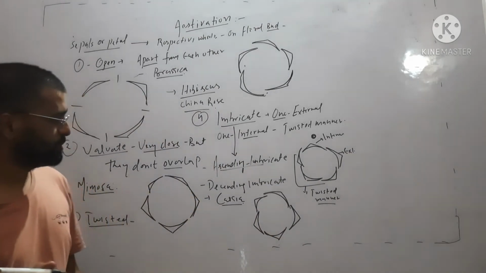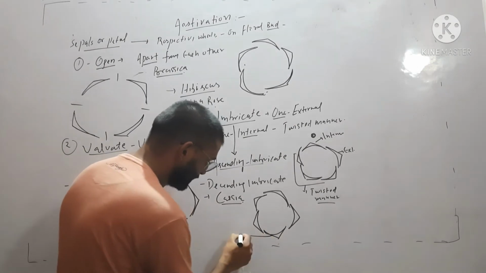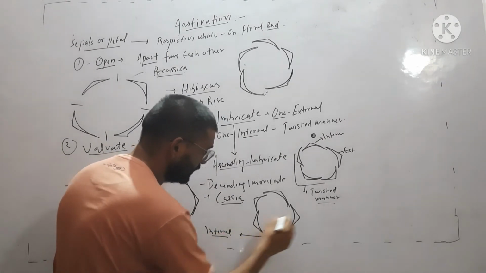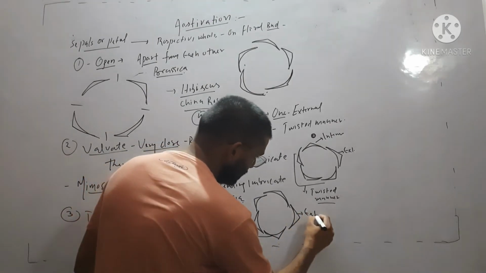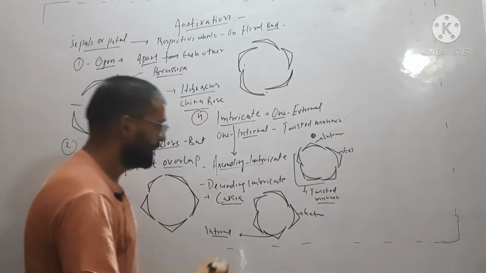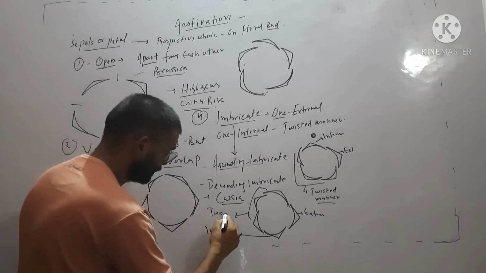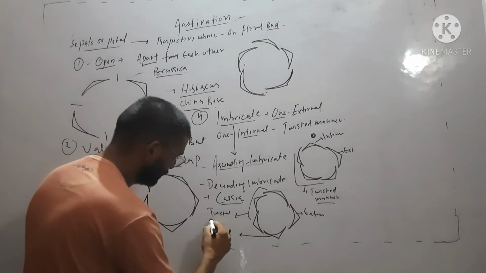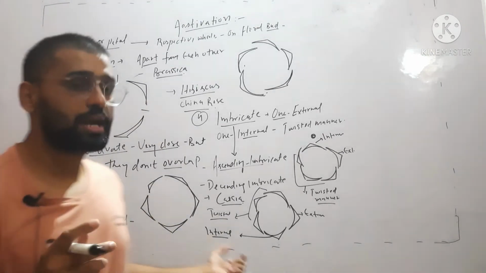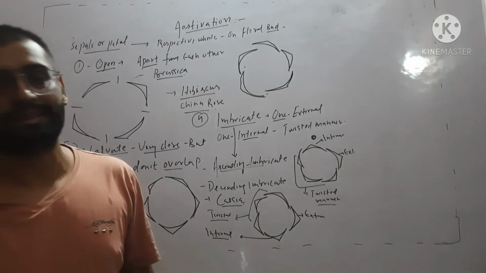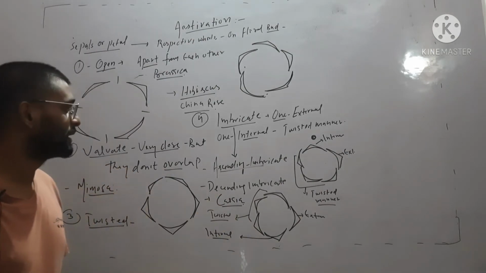Here in this diagram you can see that this petal is internal, this is external, and the remaining ones are in a twisted manner. So this type of estivation where the petal toward the anterior side is internal is called descending imbricate.